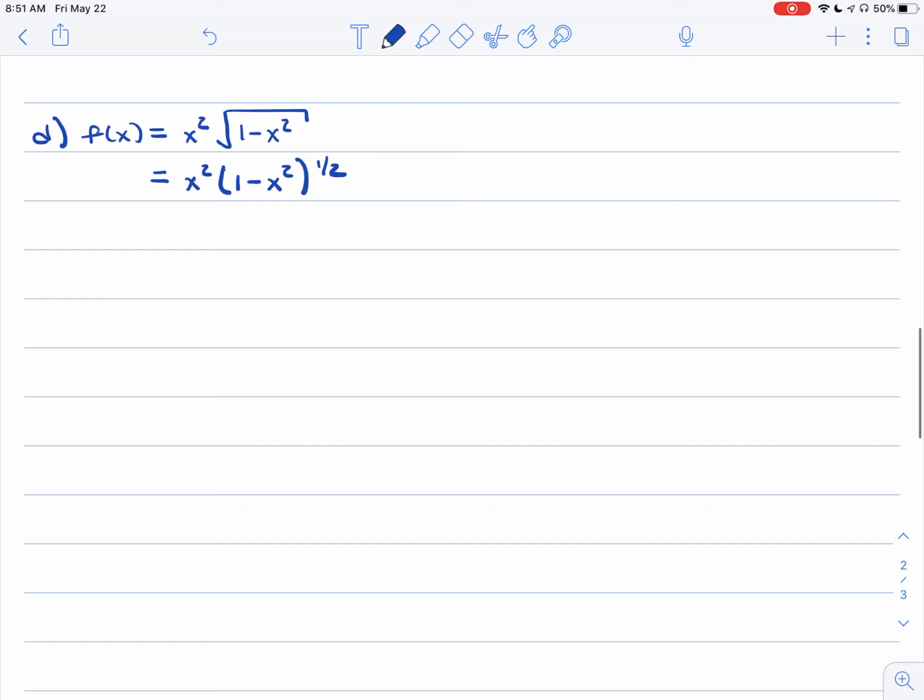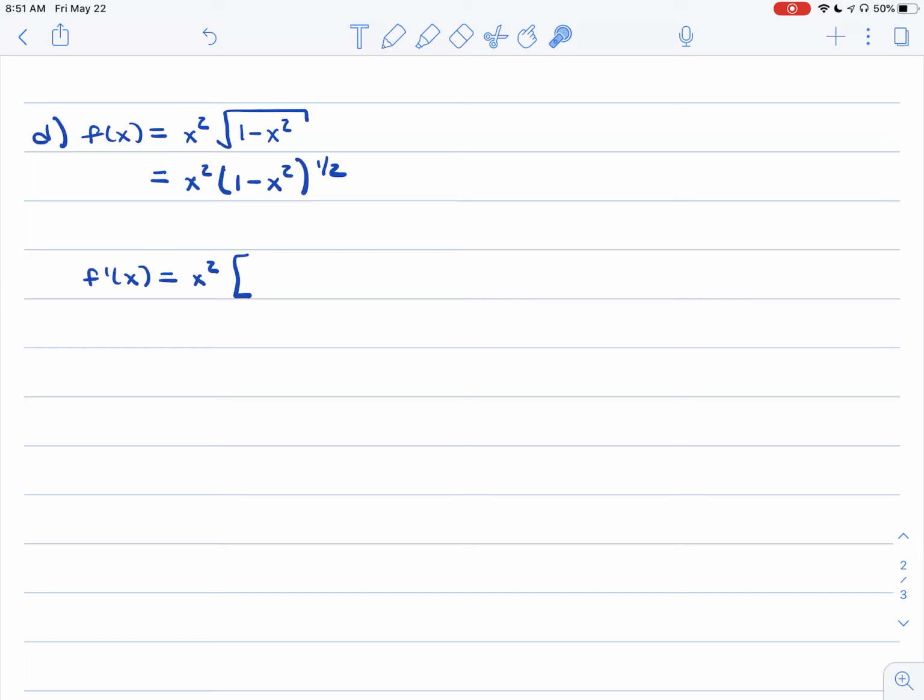Okay, so like I said, there's going to be a lot going on in this one because we have both a product as well as a composite function, but we'll just work through it step by step. Okay, so remember our product rule says we start by taking the first function, so x squared, times the derivative of the second function.